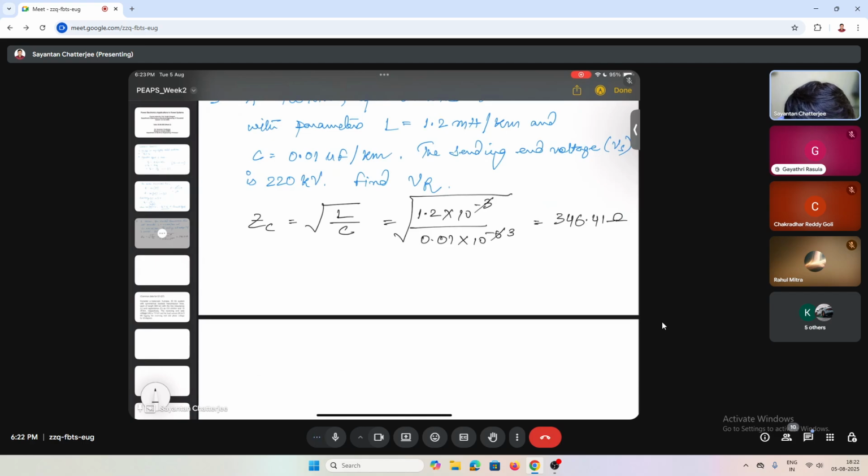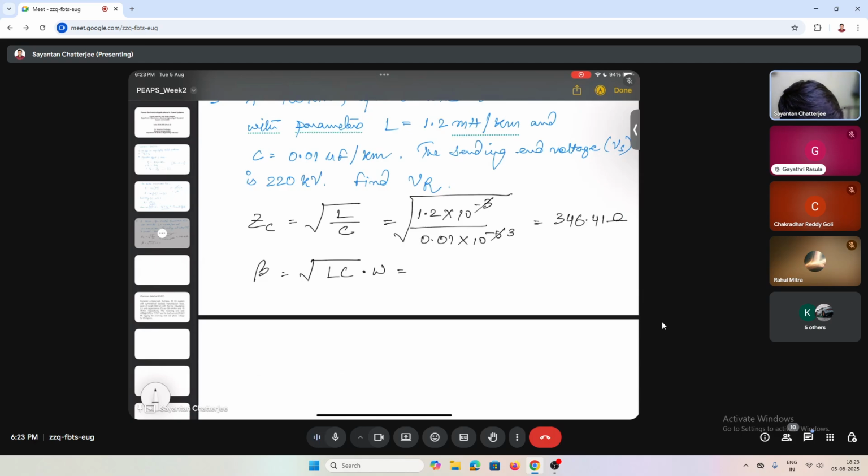Once we get this, now we have to find the value of beta. How to get the value of beta? We may say j beta, or we can directly find beta. Beta is root under LC multiplied by omega, right?